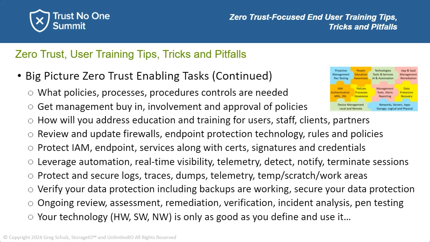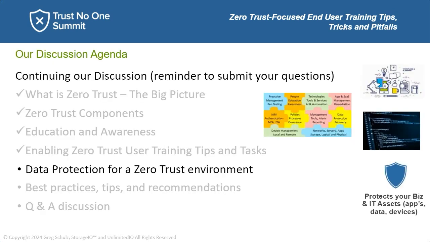Ideally, you should have text messages, if you're using those for work, saying this is coming from an external source. Different things that help you protect. So again, leverage automation, leverage that knowledge, secure your logs, secure your traces, dumps, your telemetry, your temporary and scratch areas, and make sure that your data protection and your backups are doing and working as they should be, and that everything is up to date, everything is current.